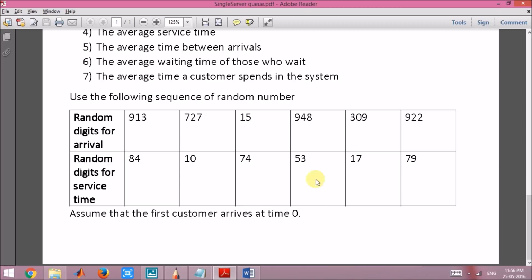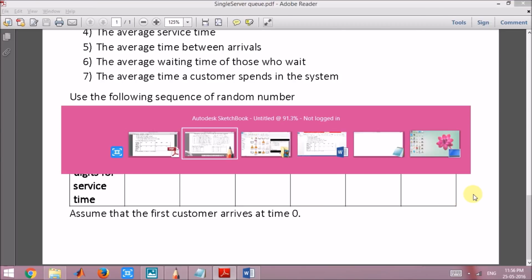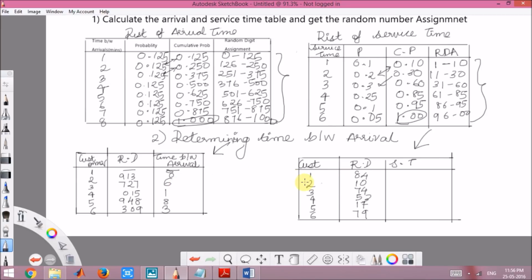This is the table where we fill out our values: customers 1 to 6, the random digits associated with them, and then using these random digits we find out where each lies. So 84 lies in here, so that will be 4. 10 lies in 1, similarly 4, 3, 2 and 4.